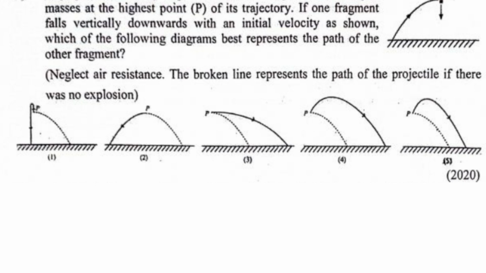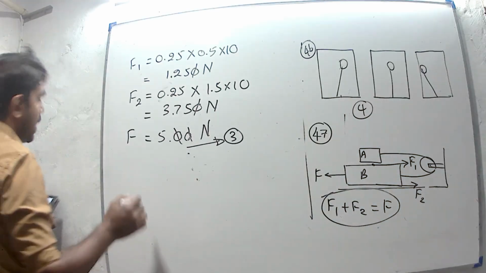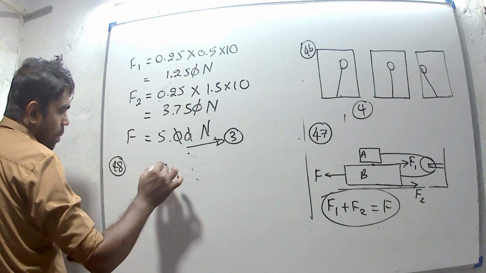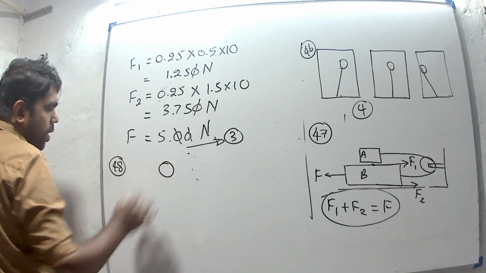Neglect air resistance. The broken line represents the path of the projectile if there was no explosion. We know that there is no external unbalanced force on the system.